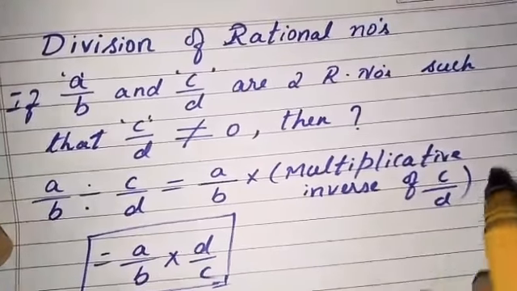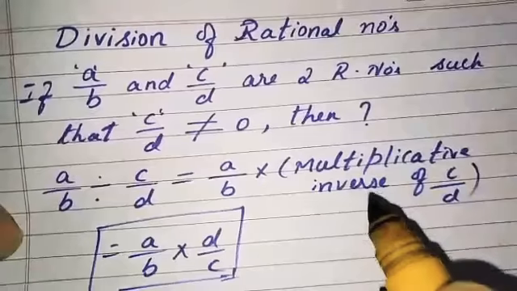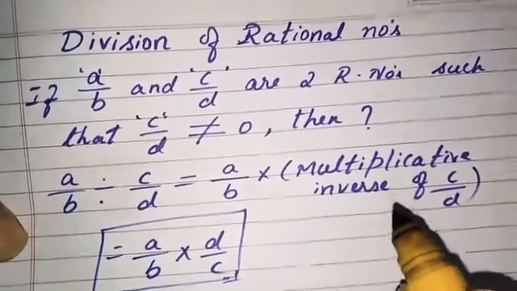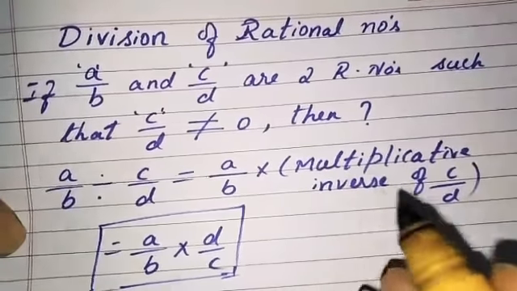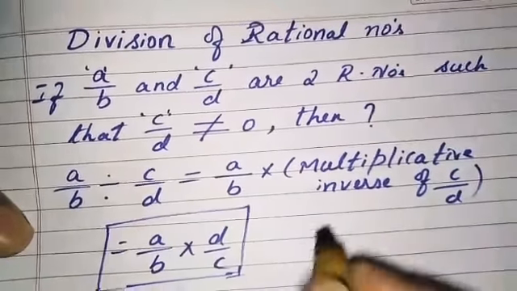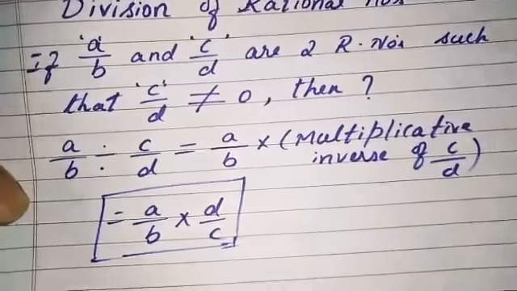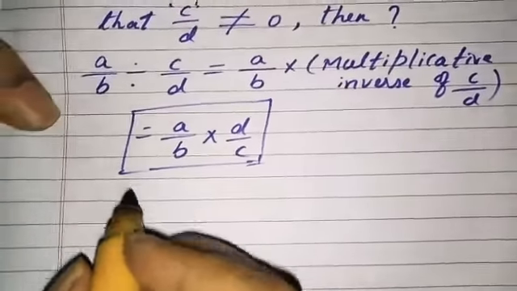Now, what is this multiplicative inverse? It's very easy. Multiplicative inverse is nothing but the reciprocal of C by D. So the reciprocal of C by D is going to be D by C. Just take it upside down. Let me give you an example.